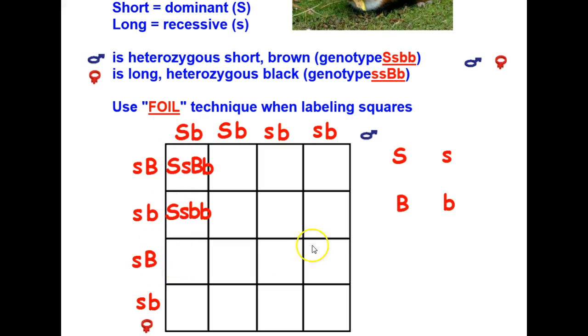Next, we have a big S, little s, and a big B, little b. Big S, little s, and a little b, little b.